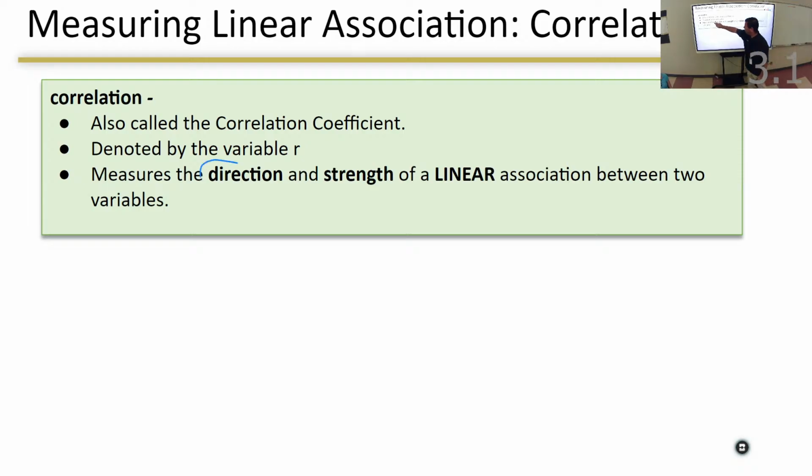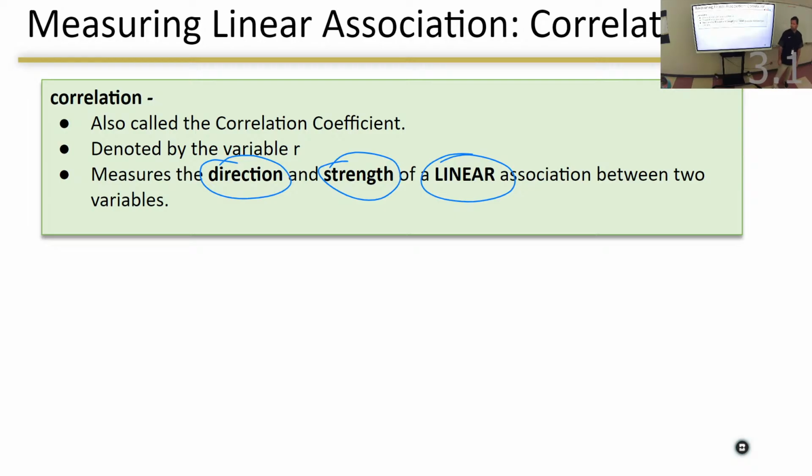It tells me these things that we use to describe it. This correlation will tell me a direction, and it will tell me the strength of a linear association between those two variables.